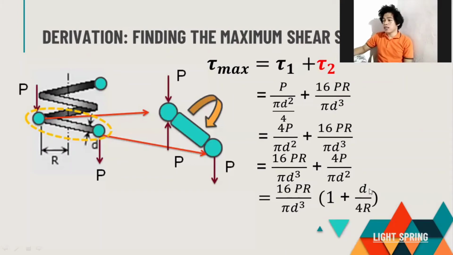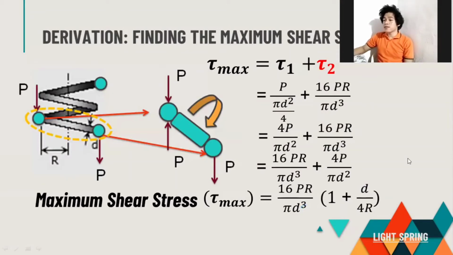So, this is what we call the maximum shear stress, or tau max. That is our working formula.